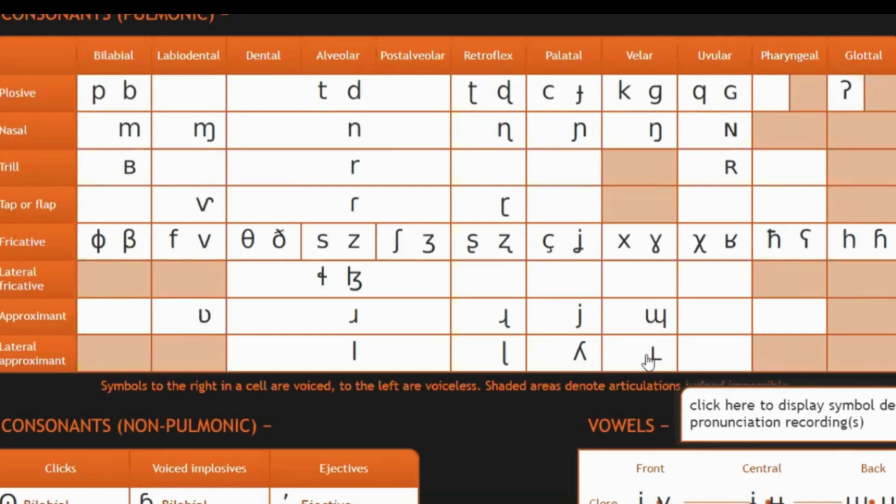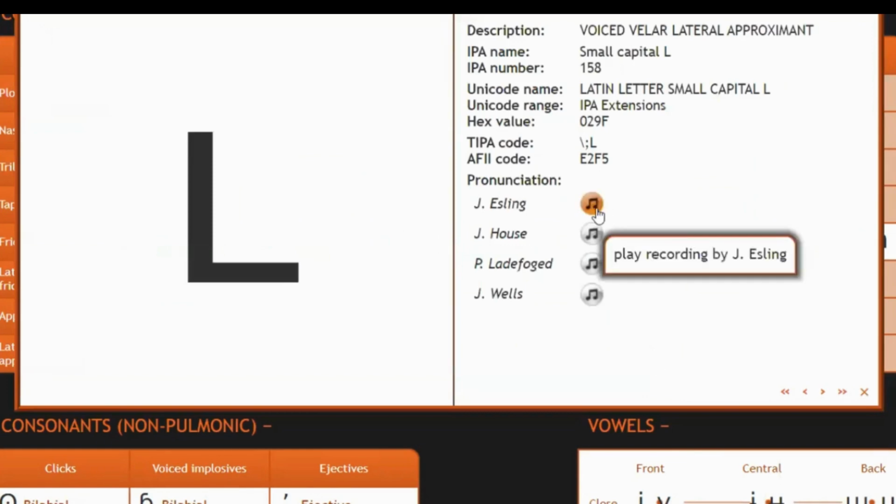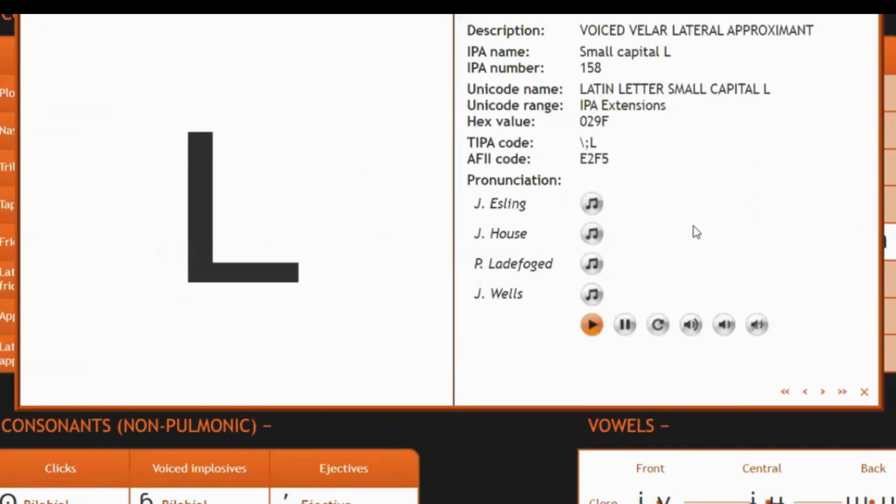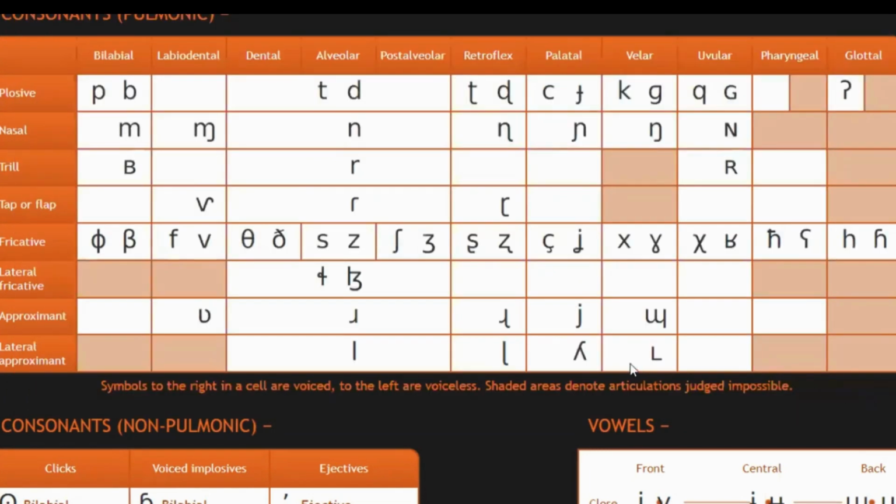Lastly, for the velars, we have the velar lateral approximant. You might use that sound when you say a word like ball. B-A-L-L, ball.